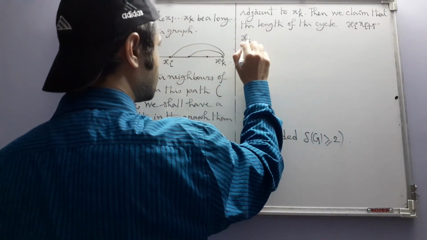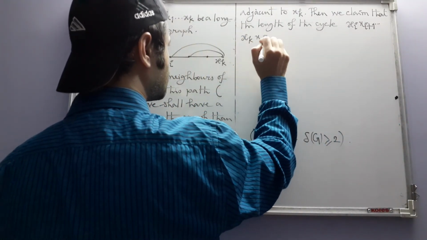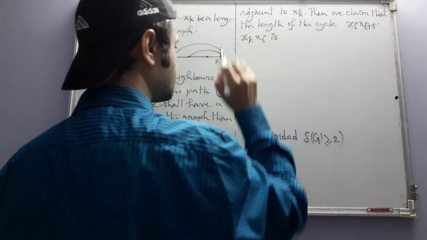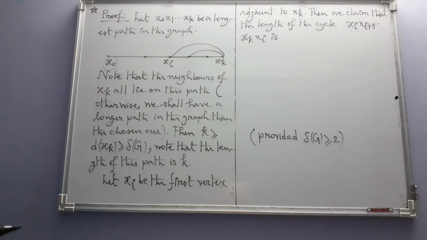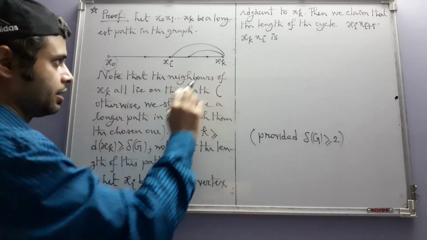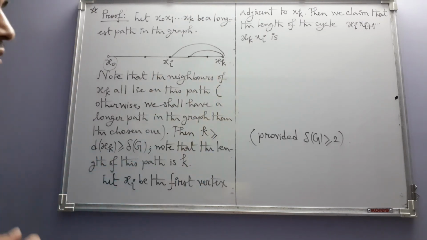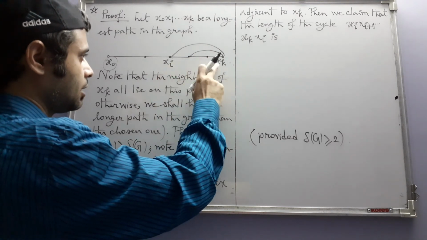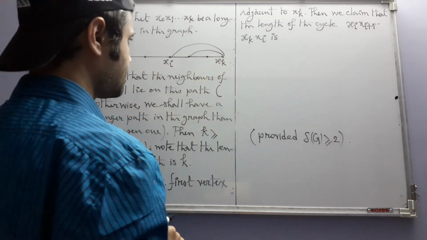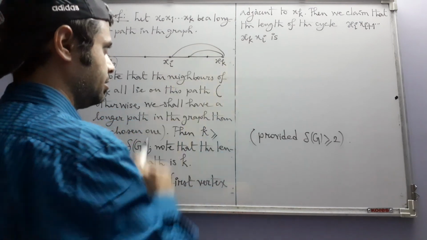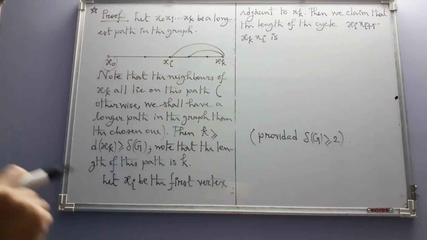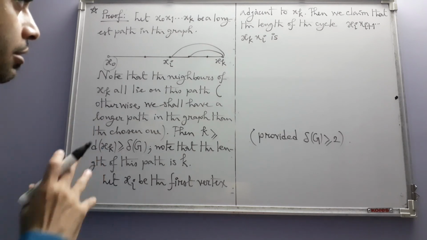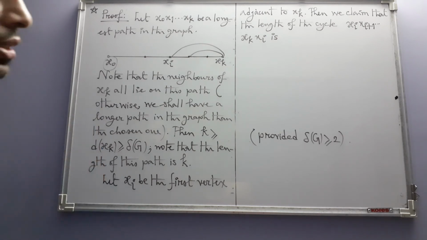So what will the length of the cycle be? The number of vertices this cycle has. How many vertices are there between xi and xk? Excluding xi, the number of vertices is k minus i. So including xi, it will be k minus i plus 1.